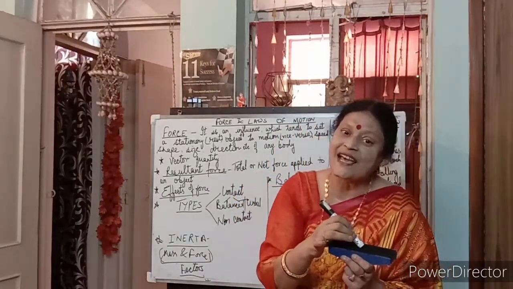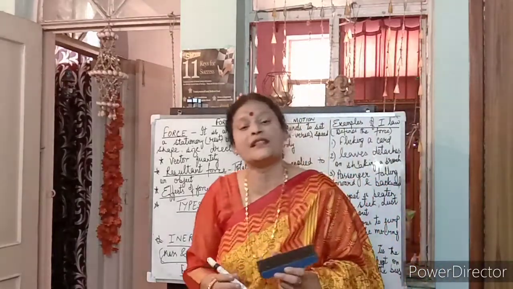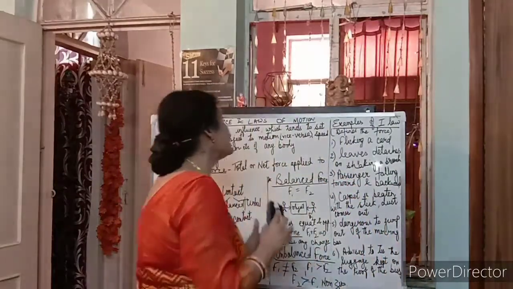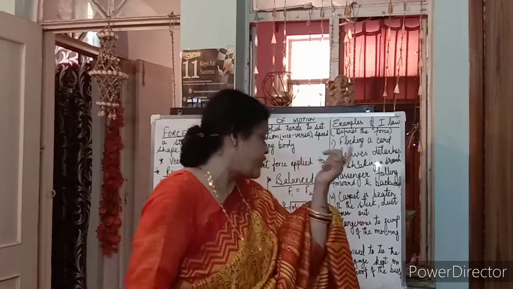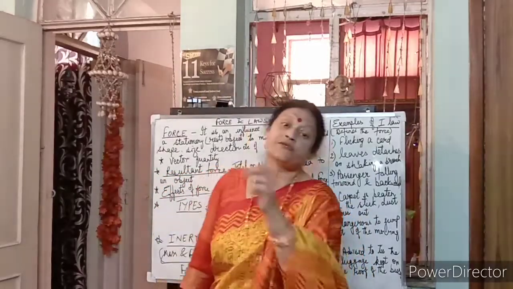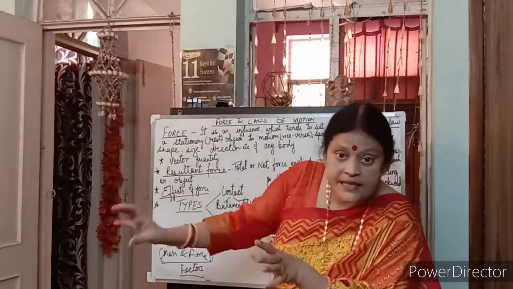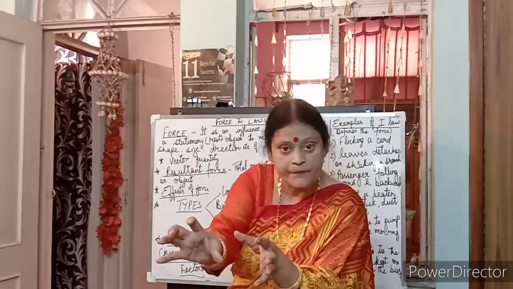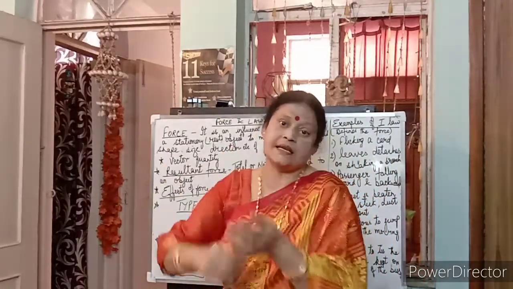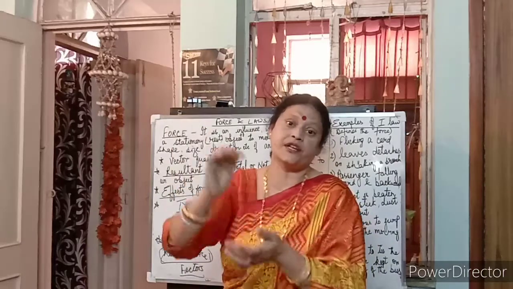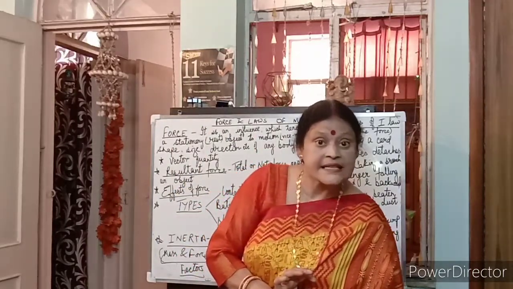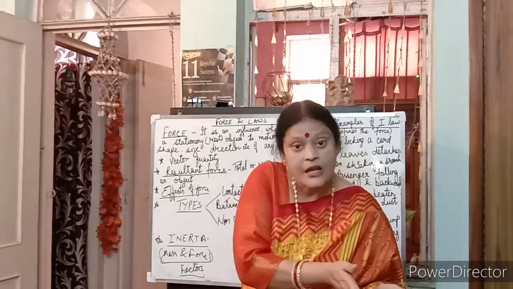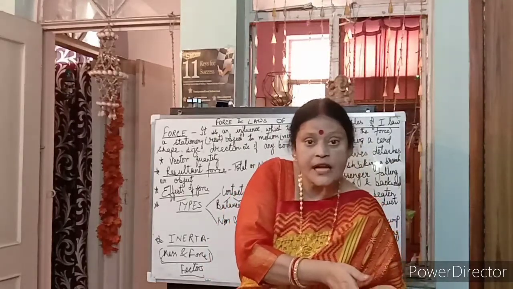Only logics are there. Once you come to know about all these explanations, you can easily handle all these questions. Another example is why it is dangerous to jump out of a running bus. The bus is in the state of inertia of motion. The passenger was also in the state of inertia of motion. But when he is jumping down, the road is in the state of inertia of rest. When he is jumping, what happens?